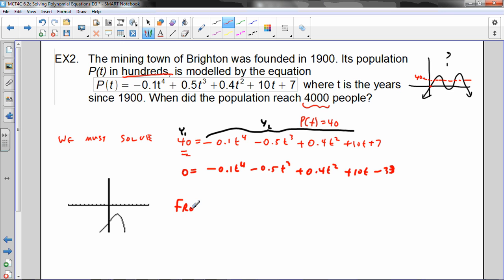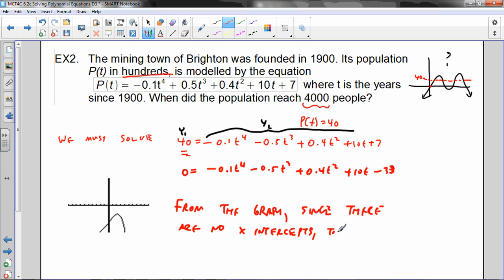So I say, from the graph, since there are no x-intercepts, the population is never 4,000. It never got up that high. And from what I remember from the question before, I think that was true. It never actually got up that high.